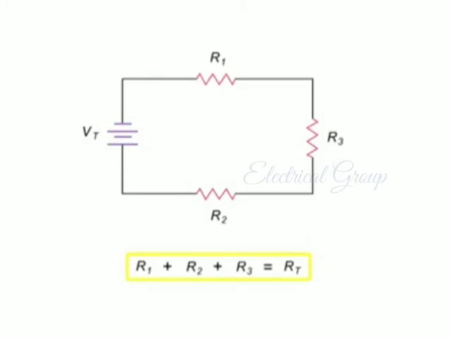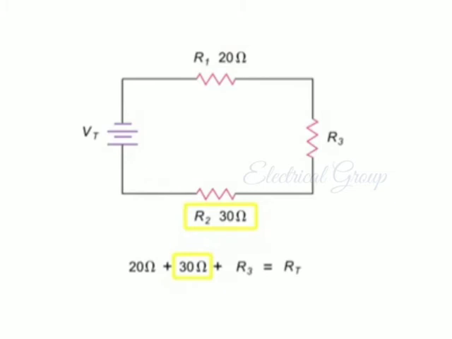So, if R1 has a resistance of 20 ohms, R2 a resistance of 30 ohms, and R3 a resistance of 10 ohms, the total resistance of the circuit is 60 ohms.